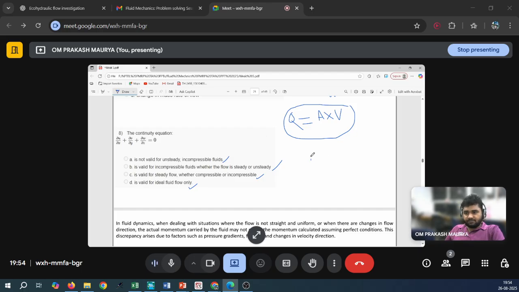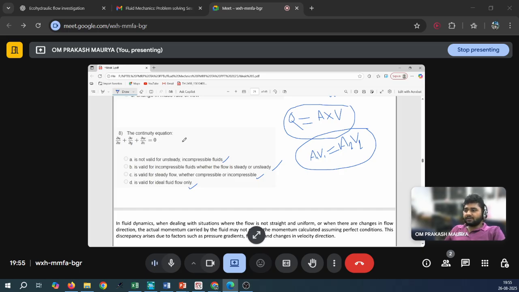The continuity equation, this is also A1 B1, but here it is given in differential form, A2 B2. This is also your continuity equation, but this is more general. Once we are talking about the differential way, we can write the continuity equation like that.